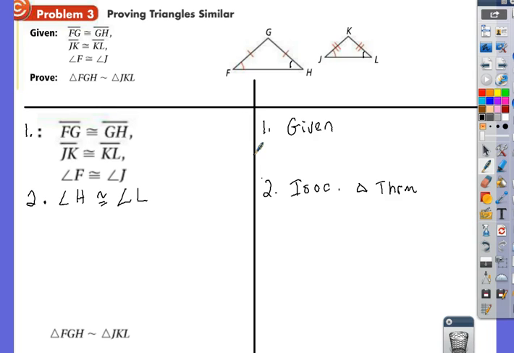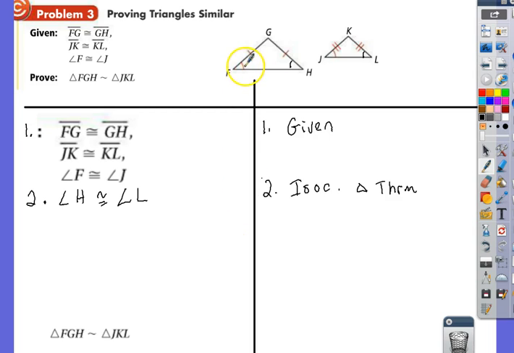Well, we haven't proved the triangles. Okay, I'll do that. So how do we know? If this is equal to that, and that's equal to that, but these two are equal, how come these two are equal? What's your question?